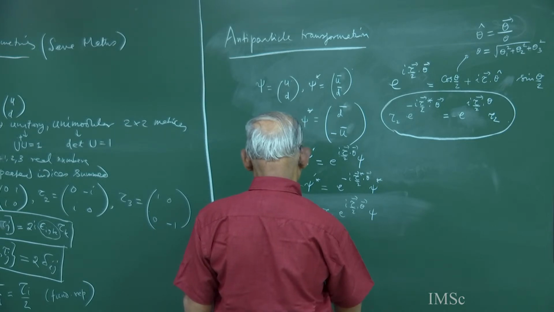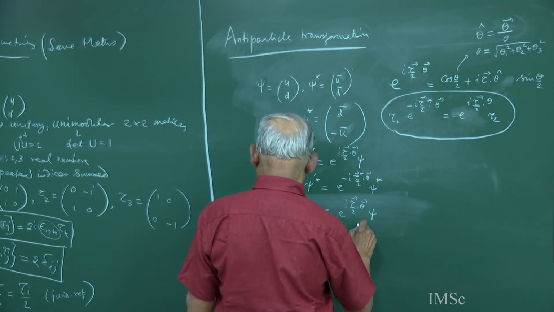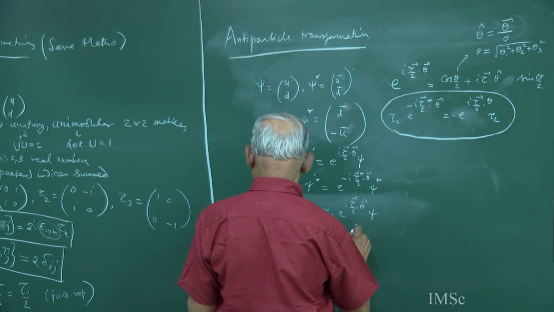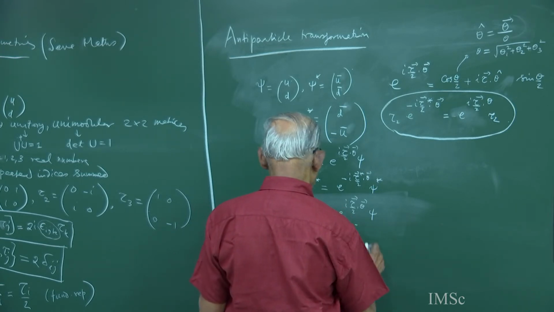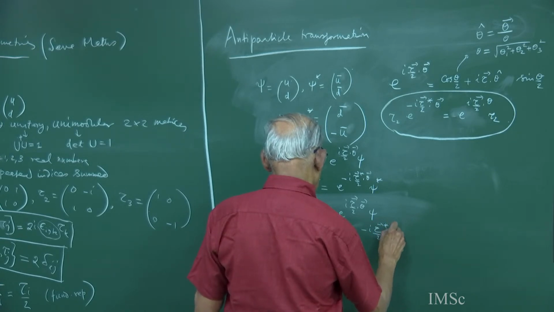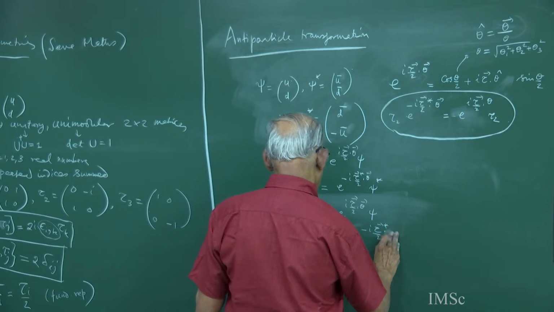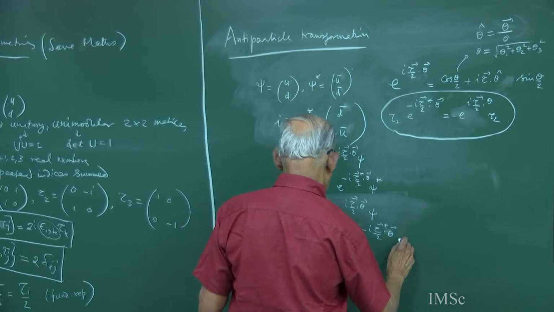So tau 2 psi prime star is equal to tau 2 e power minus I tau star dot theta into psi star. I am making so many mistakes here, you please check for yourself.